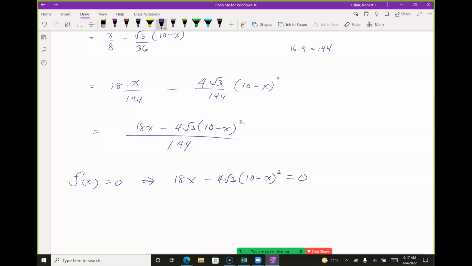Now, I don't think there's a way around it. I gotta FOIL it out and distribute and see what happens. Yep.